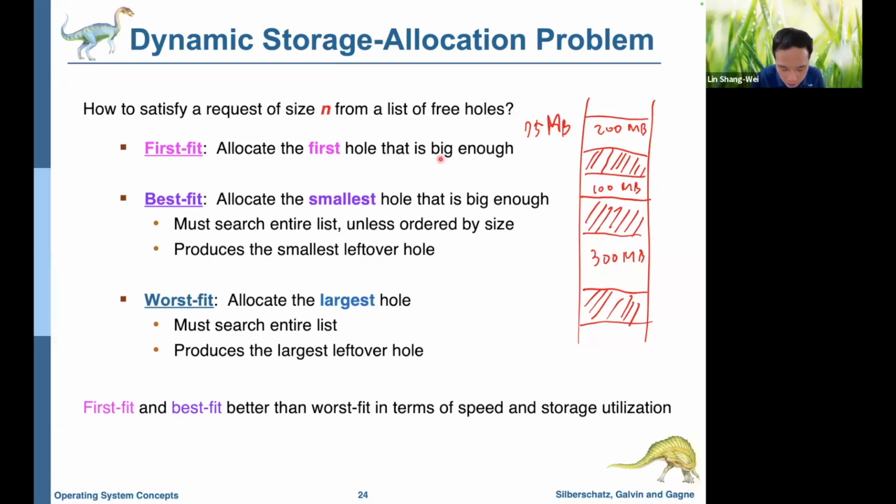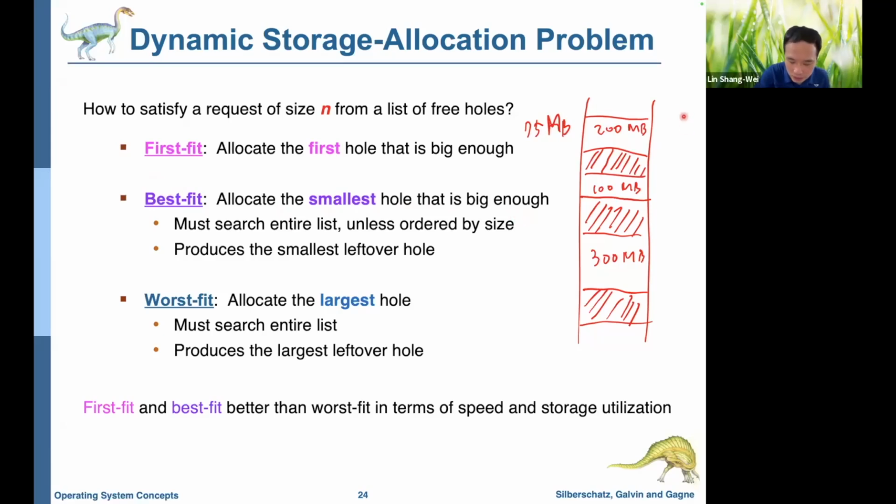In this case, if we are using first fit, we are going to allocate the 200 megabytes to this process. Why? Because let's say this is our order for searching. The first one we see is 200 megabytes, and this is enough for 75, so we allocate this to the process. The second strategy is the so-called best fit: we allocate the smallest hole that is big enough.